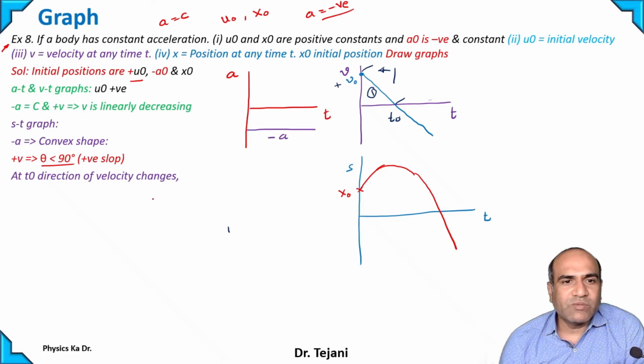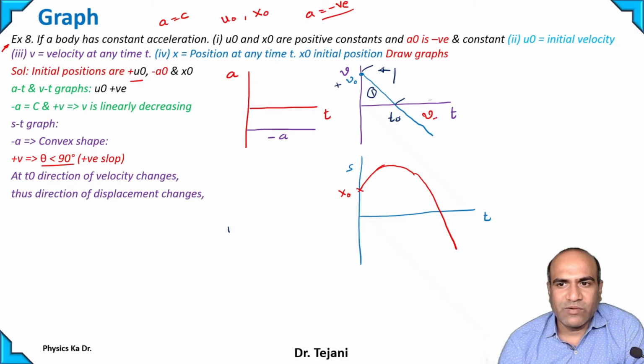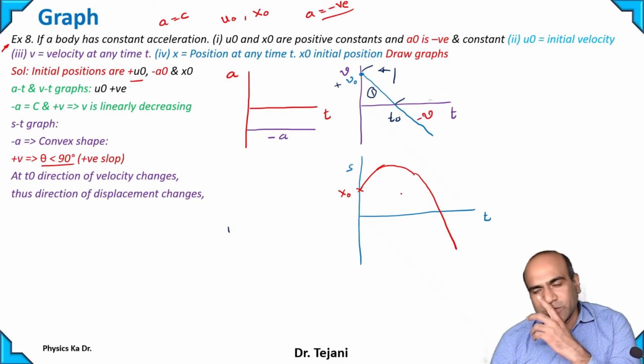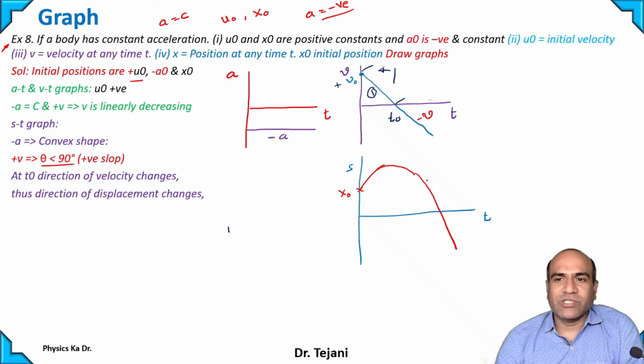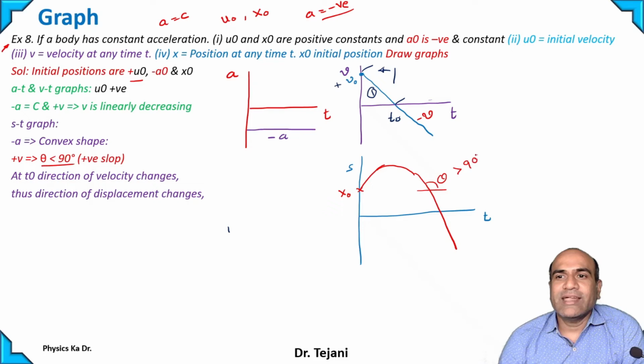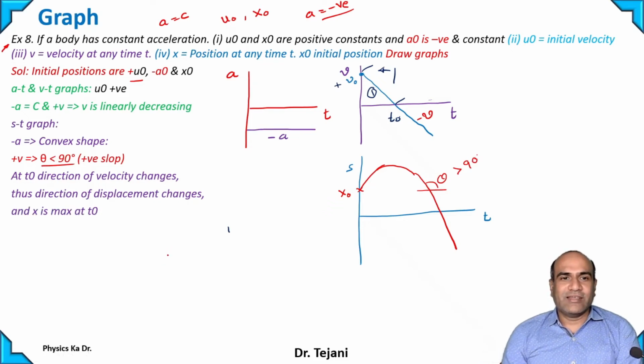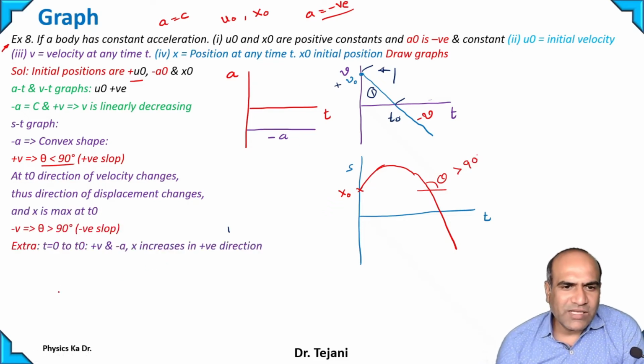At t0 the direction of the velocity changes. See here, the velocity becomes negative. So from this negative direction, the remaining slope is theta greater than 90 degrees. So it works like that.